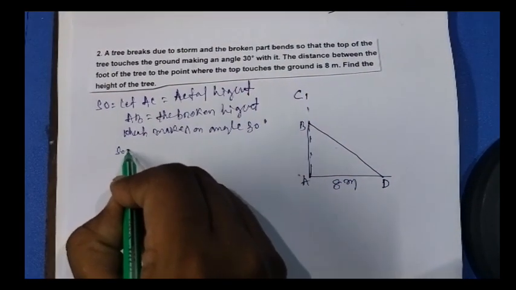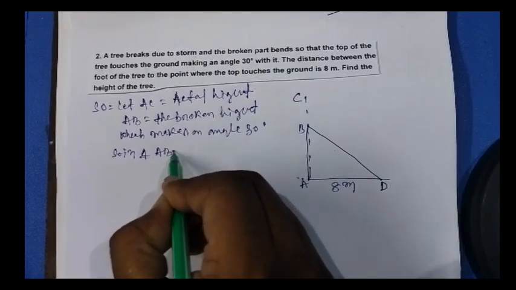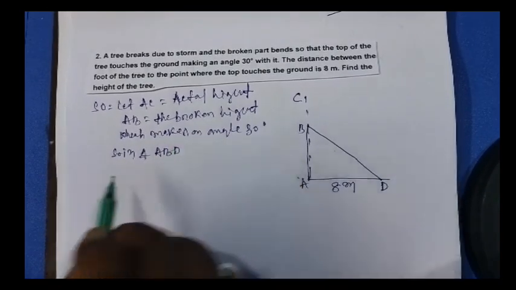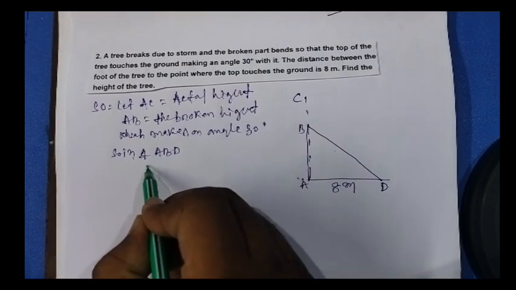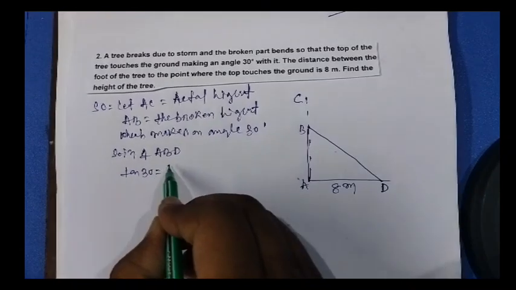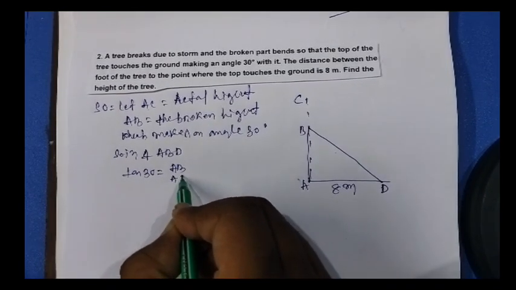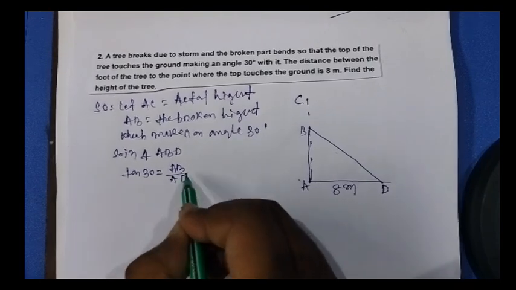So in triangle ABD, tan 30 is equal to AB by AD.